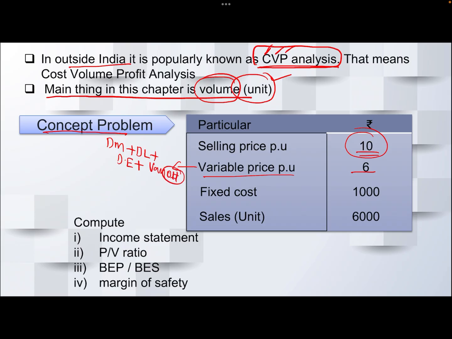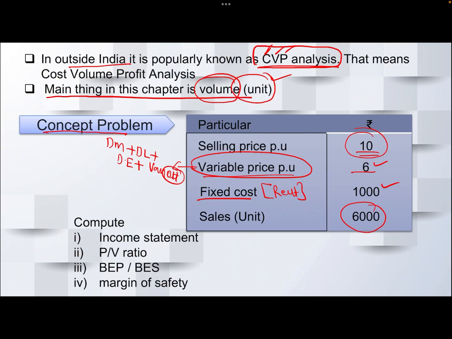This overhead may be factory overhead, selling and distribution overhead, office and administration. But for easiness, they give us only the variable cost per unit, 6. Then they gave fixed cost. Assume rent as 10,000, and totally the sales will be 6000.